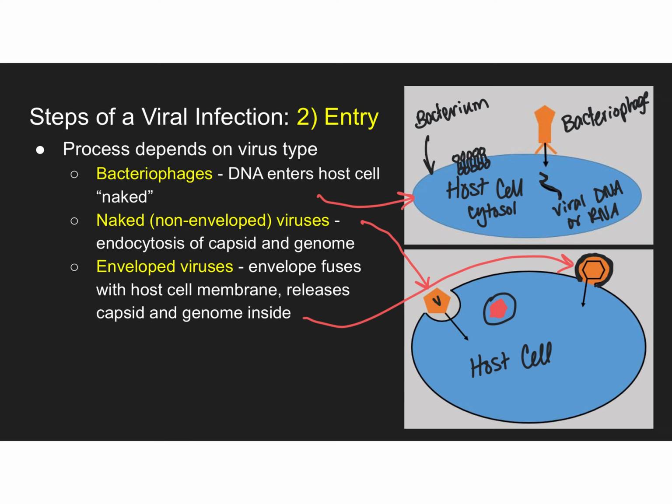So this envelope actually just fuses with the cell membrane and it releases the virus itself into the cell. And then once it's inside the cell, the cell is going to do things to break down those capsids and get access to that genetic material inside the virus.